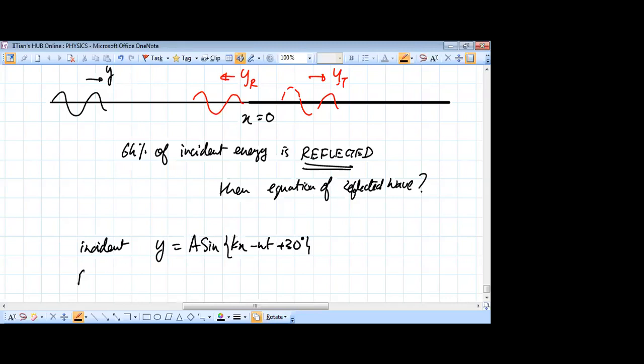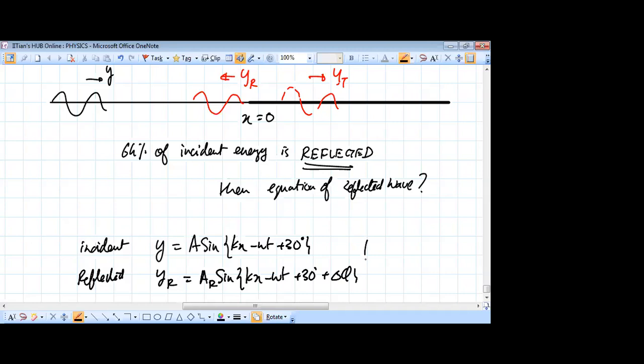So the reflected one will be y reflected equal to some reflected amplitude times sine, with the same k and same omega, but some phase difference, let's say delta phi.